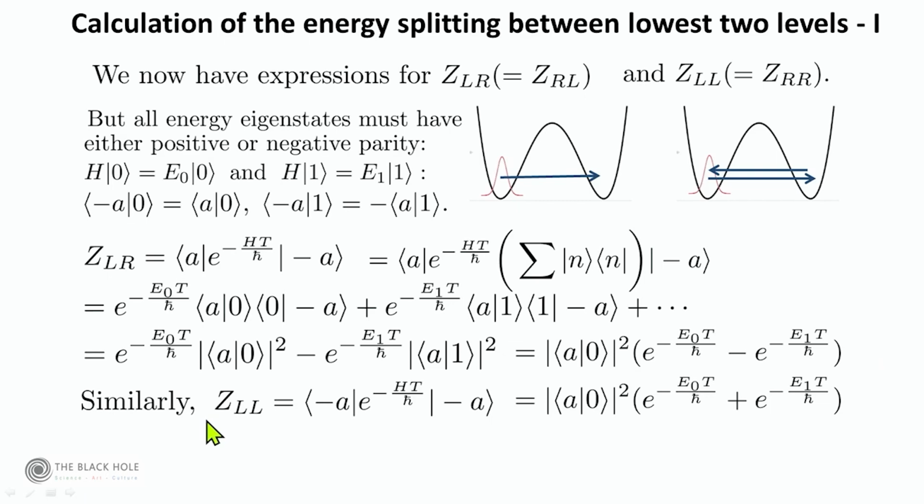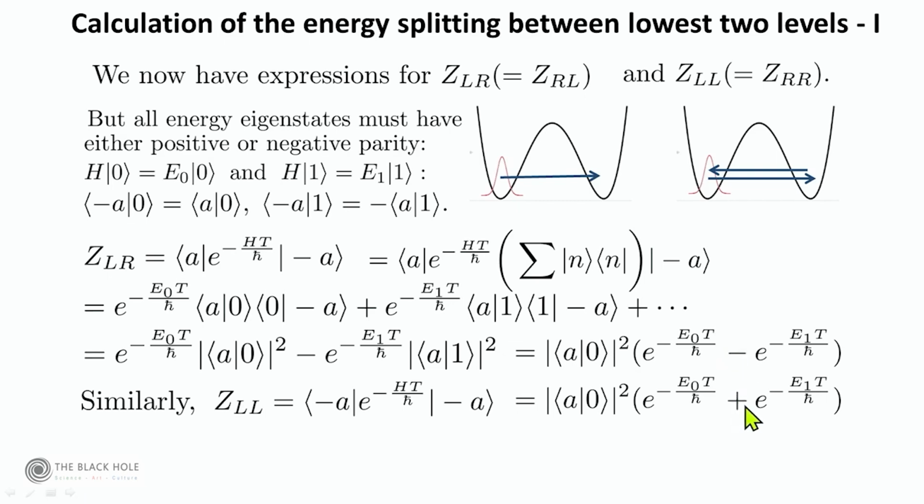Similarly, going from left to left: this left to right was going from here to here, but we can go from here to here and come back. And then I go from minus a back to minus a. The same evolution operator is stuck in over here. The difference is that instead of minus, I get plus.